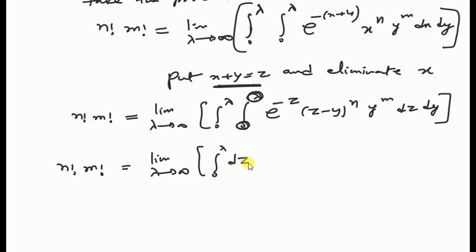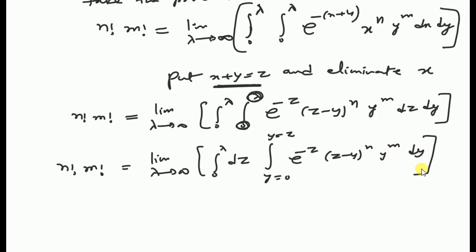Then limits will be for y, y ranging from 0 to z. So the least value of y will be 0 and the highest value will be z. So with that I have here e power minus z, (z minus y) whole power n, y power m dy. Now this is the important thing here.